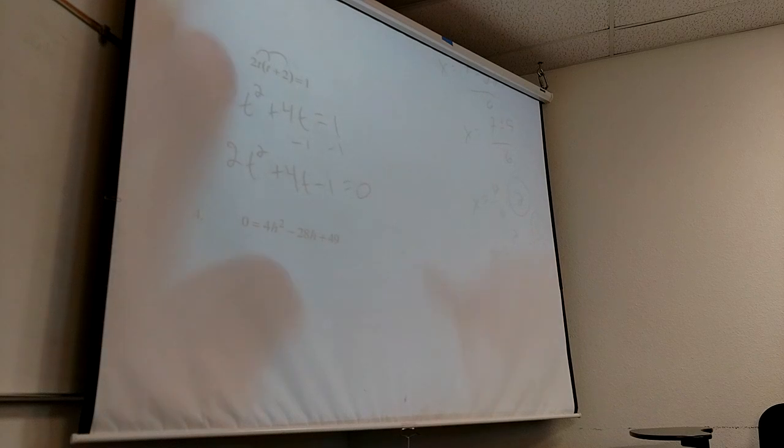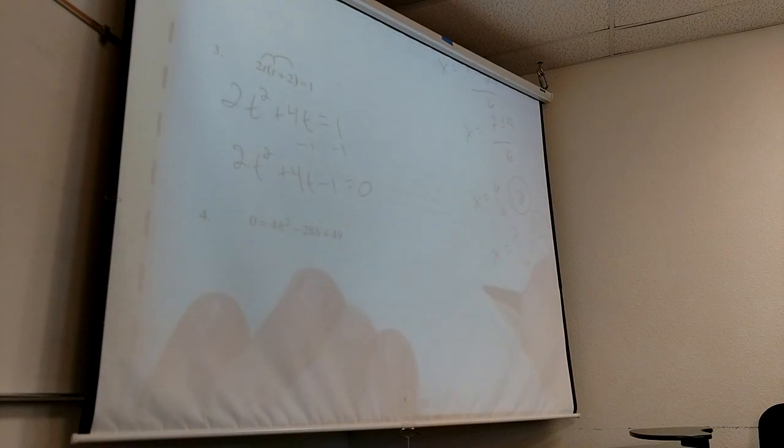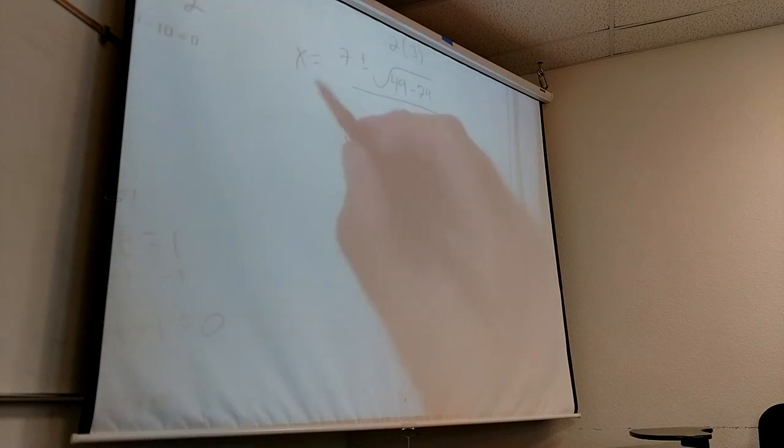Okay. Catch up to you guys. Notice here my variable is t. The only reason this is x equals negative b plus or minus is because it's built off of where the variable is x.